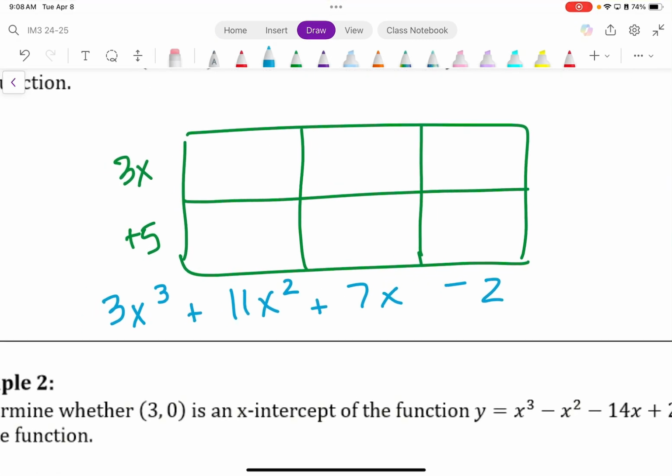Are you guys ready to solve this? All right. So we'll begin with 3x to the third in the top left box. I'll take volunteers, so if you have something to give me, please raise your hand, and then you can give us your input. What goes on top of 3x to the third? Go ahead. X squared.